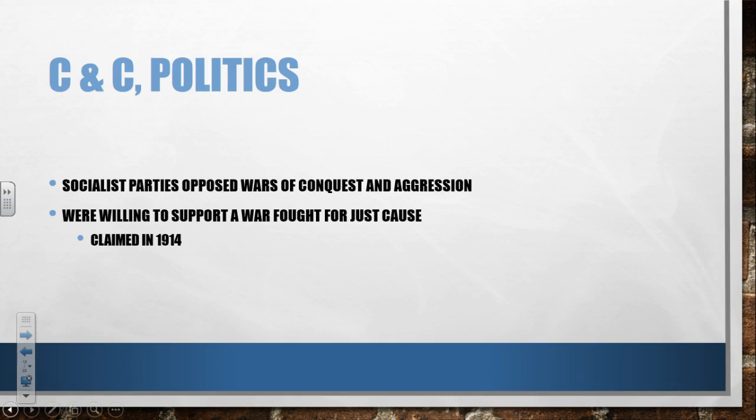So socialism, the party of equality, where everyone's equal, is the founding principle, and the idea is we're going to fight if it's a just cause, which is exactly what's going to happen in 1914. All these countries are going to state that they are fighting for a just cause and that they are the ones whom God has really called to fight this war and to win this war. God is on their side, so they would say and believe, and that is it.